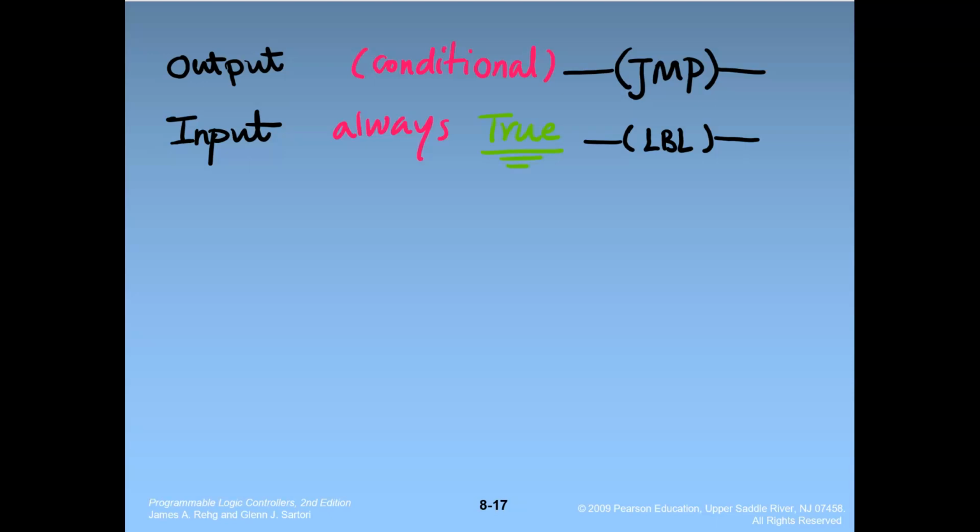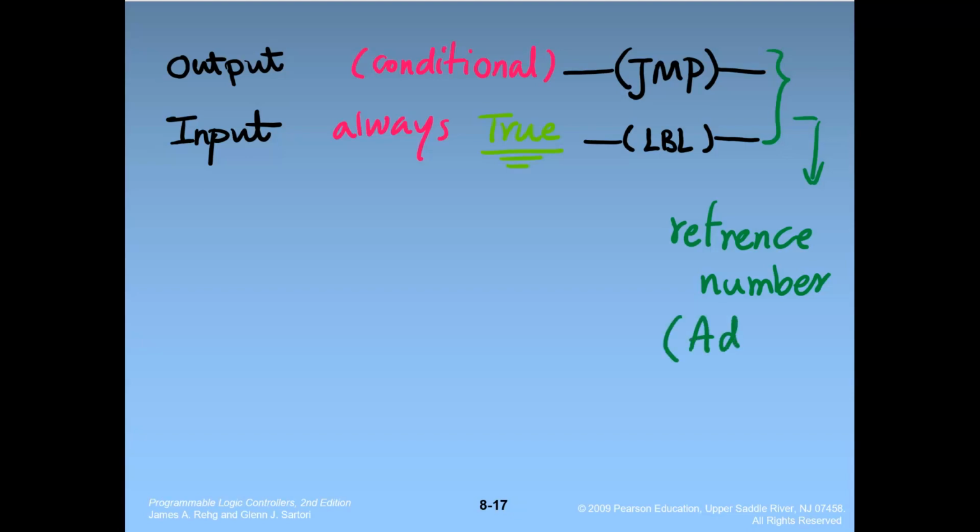Now something that you should remember is that they both need to have a reference number. So both your jump and label need to have a reference number, or in other words, I would say they need to have an address.